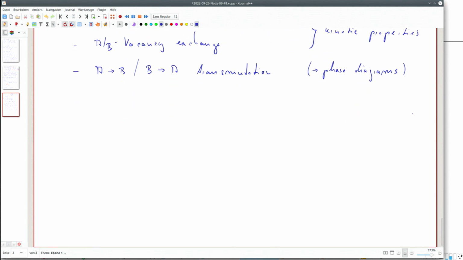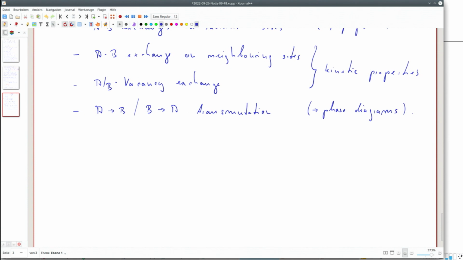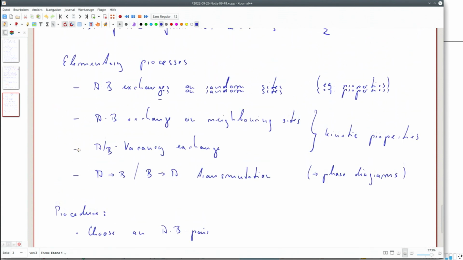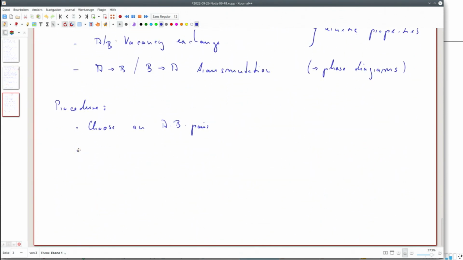Okay, and then how does it really work, this machinery? Let's do it, for example, for an AB exchange. First step is you choose an AB pair. Then according to one of these possibilities, you calculate the transition probability.